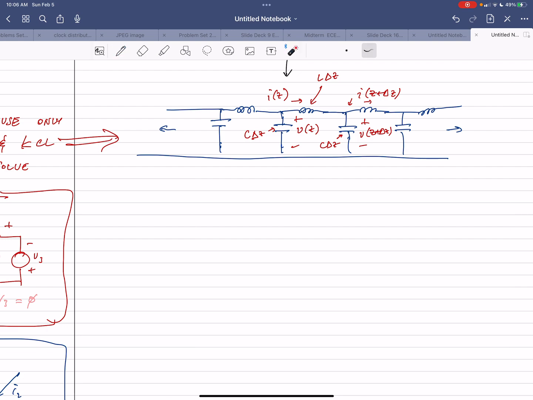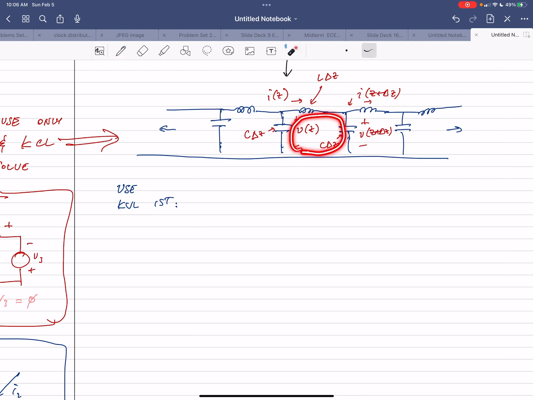So the first thing we're going to do is use Kirchhoff's voltage law and look at what happens around this loop to come up with an equation for the voltage. So use KVL first.